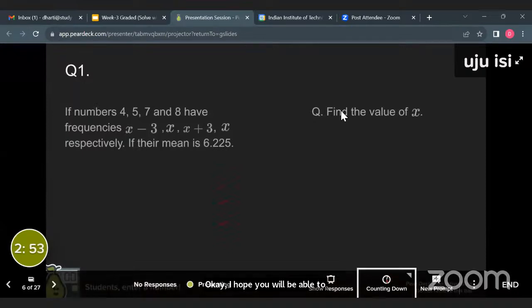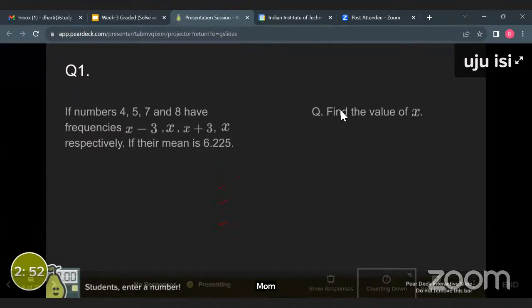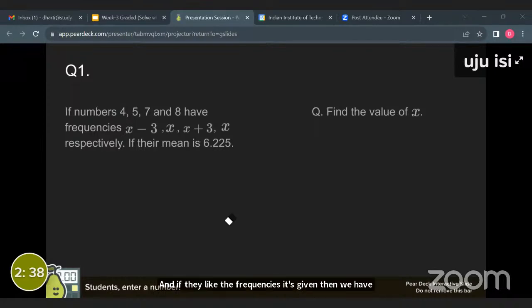Ma'am, may I ask a question? If the observations are given, then we will just calculate the sum of all observations upon the total number of observations. And if the frequencies are given, then we have to multiply xi fi upon fi. Why is it so? Because when there is a frequency of a certain number, in the last question we have a frequency 8 for number 2. What does it mean?